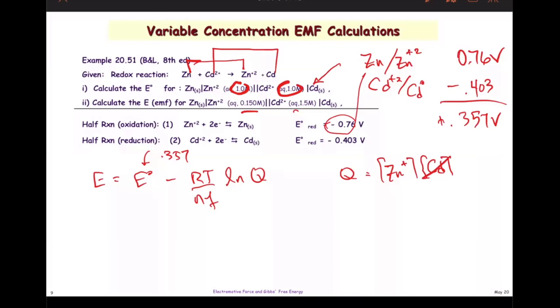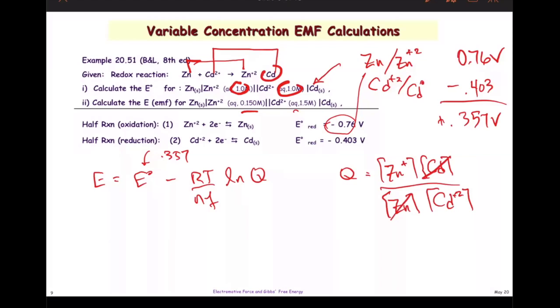That's a metal, so that's not part of the reaction. Divided by zinc, zinc is a metal, so that's constant, over cadmium plus 2. So the only chemicals in your mass action expression are zinc plus 2 and cadmium plus 2.